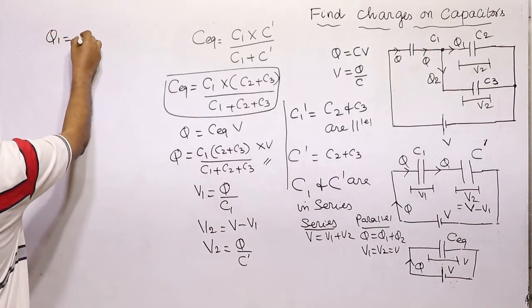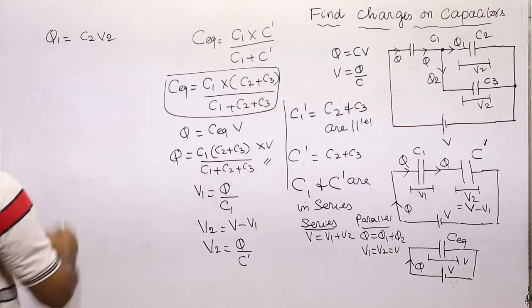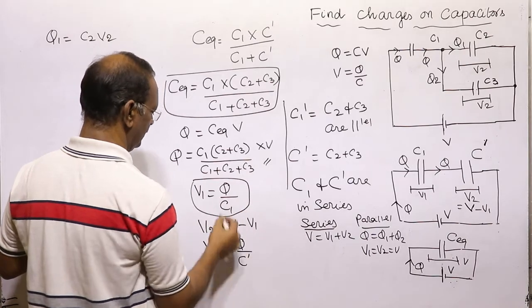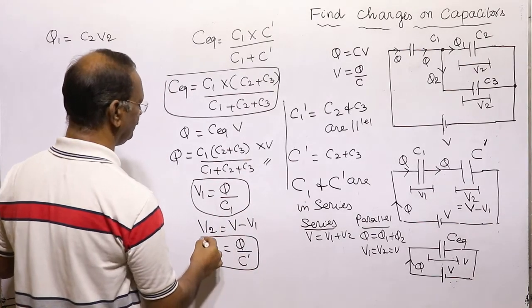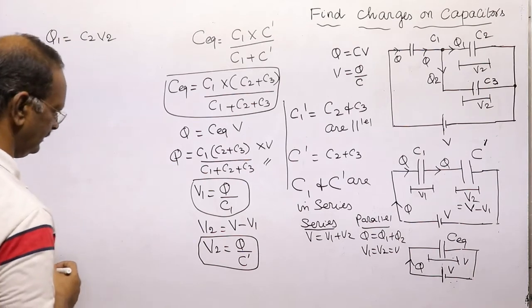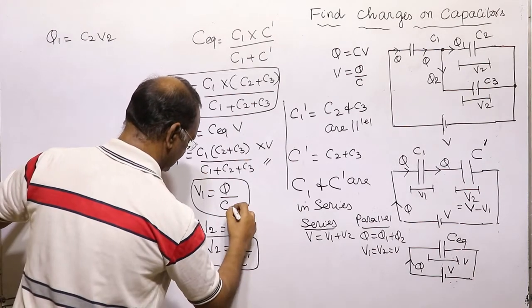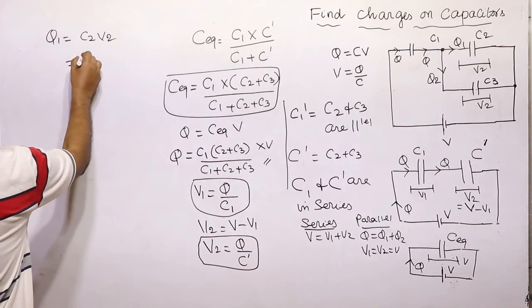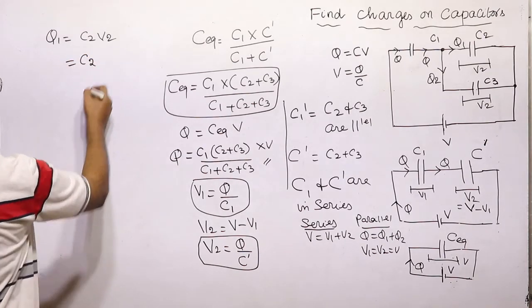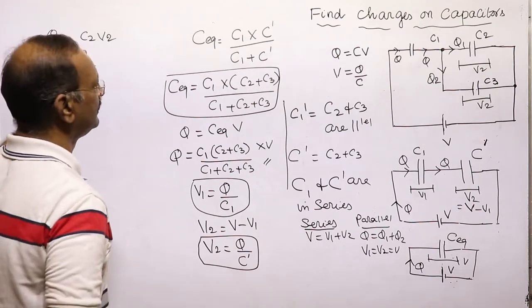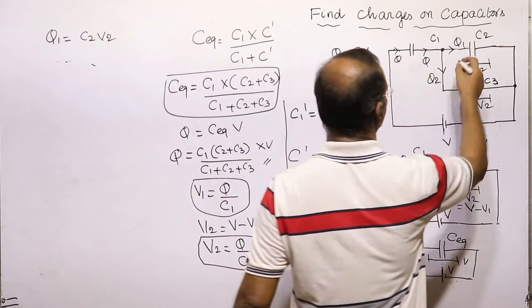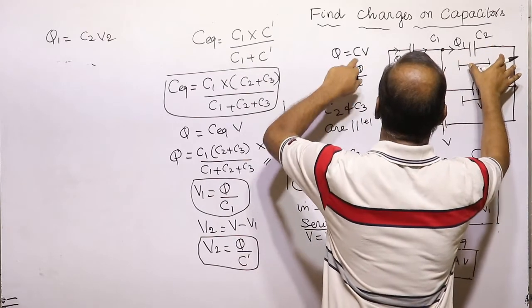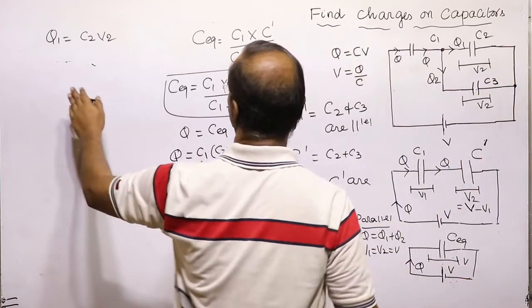Q1 is equal to C2 into V2. This is the value of V1 and this is the value of V2.